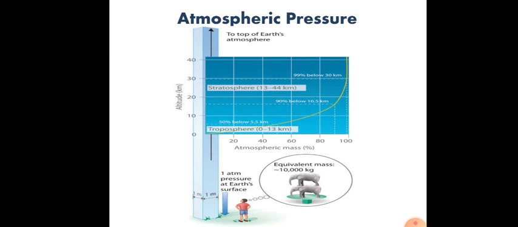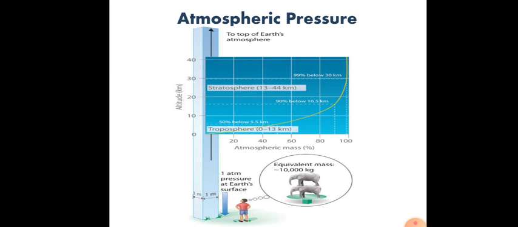Now, atmospheric pressure. What is atmospheric pressure? It is the pressure of the air column above us, in simple language. Now this is nearly equal to two elephants' weight on our head, rather on 1 meter square. Now that is truly a very big weight to sustain.